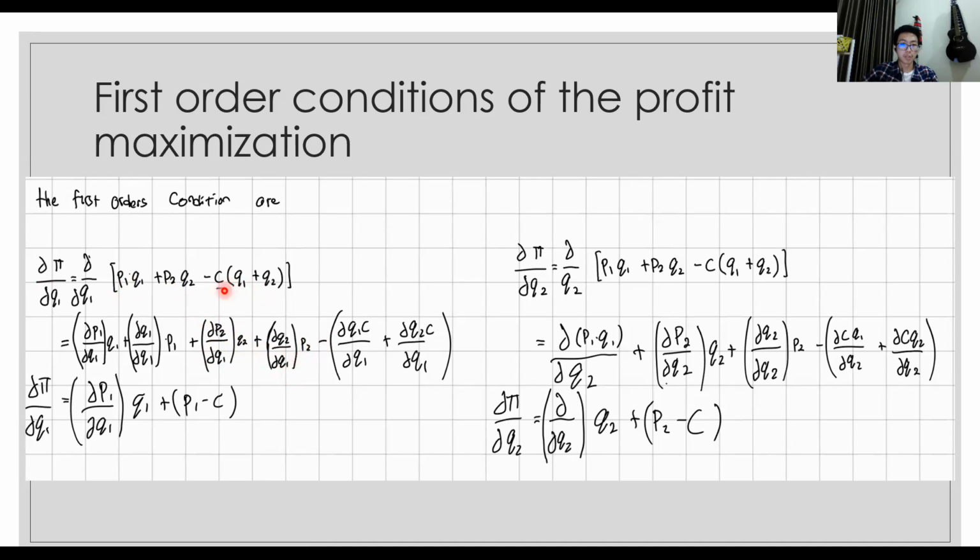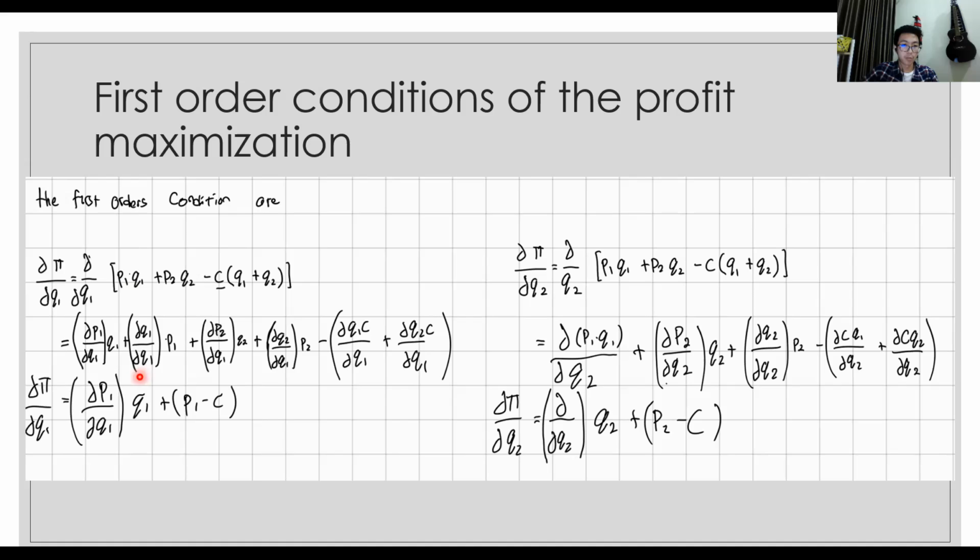And minus, if you see here, C times Q1 and C times Q2. So minus the partial of C Q1 over the partial of Q1, plus the partial of C Q2 over the partial of Q1. And we're going to leave the front the same.